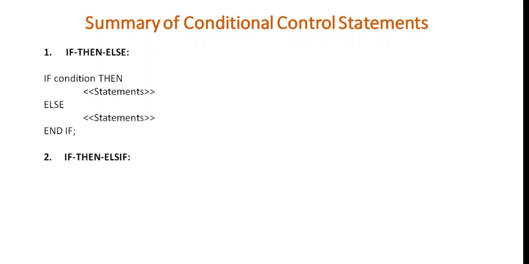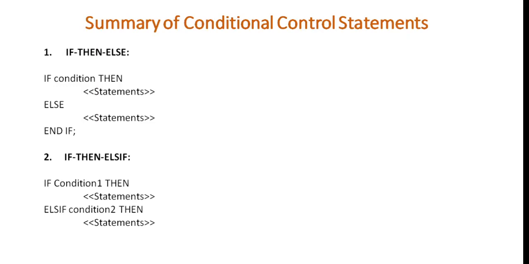If the condition is true, then it will execute the statements written after the IF statement. If the condition is false, then it will enter the ELSE section, and the statements written inside the ELSE will get executed, and then END IF. So this is the simple IF THEN ELSE.